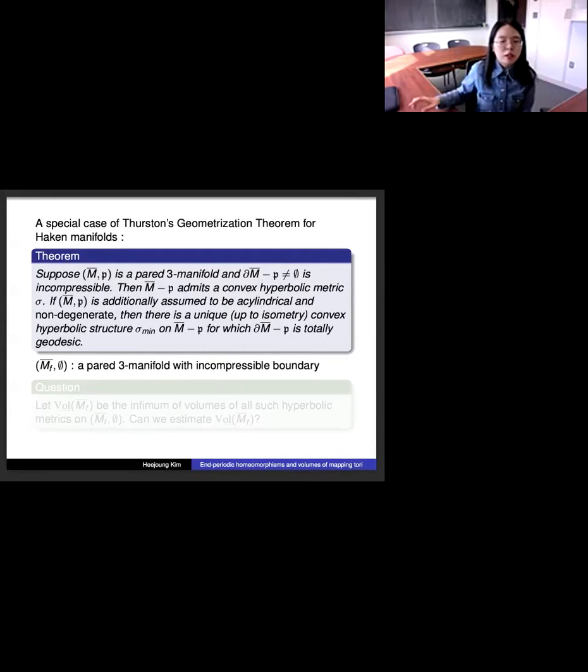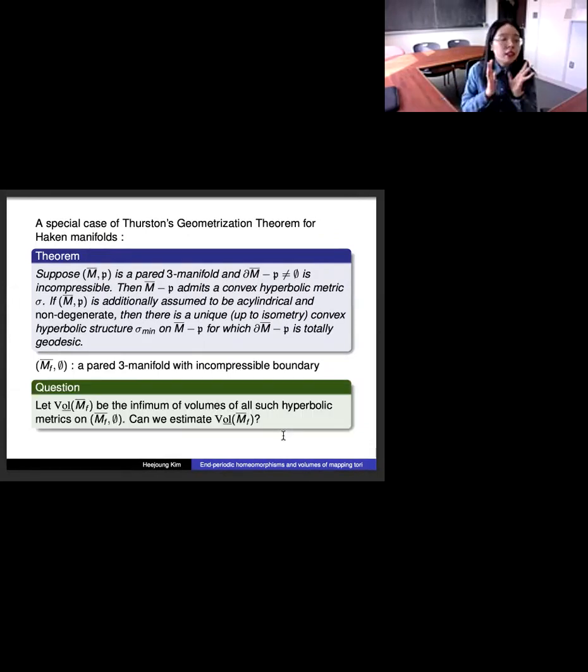So now we can ask the following question. Let's say vol MF bar is the infimum of volumes of all such hyperbolic metrics on MF bar. Then the question is whether we can estimate vol MF bar. Okay, that was our question.